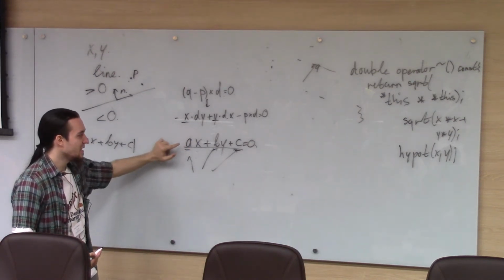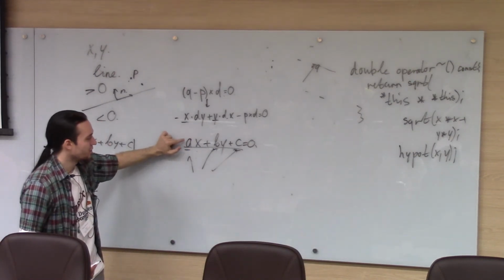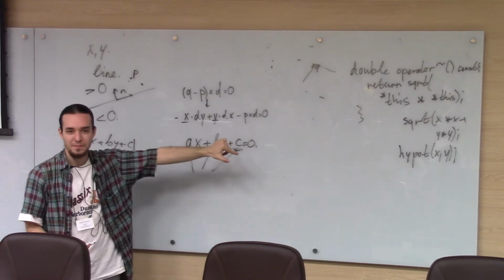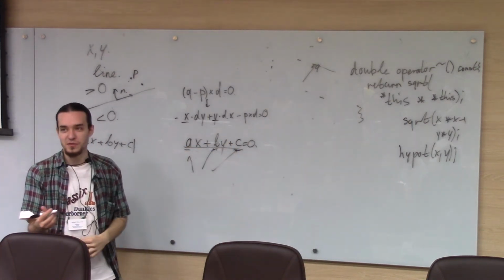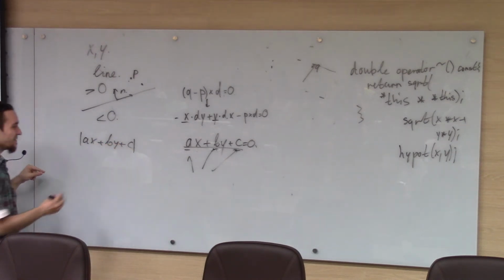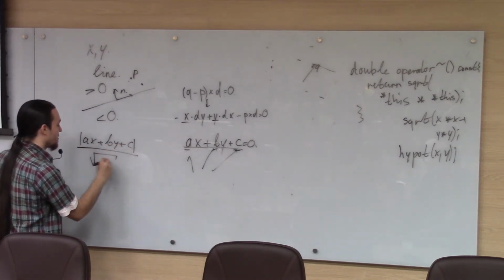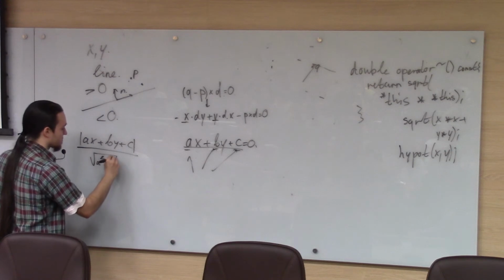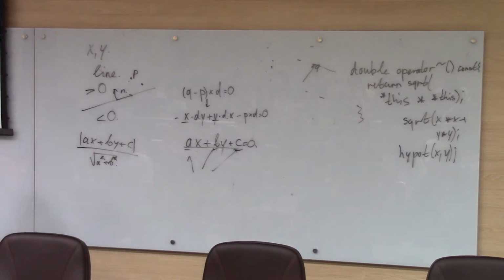So for example, if we multiply all of A, B, and C by 2, then it will have the same set of solutions, but this value will increase by 2. So in fact, to find the distance, you go with this formula. You divide over this number.